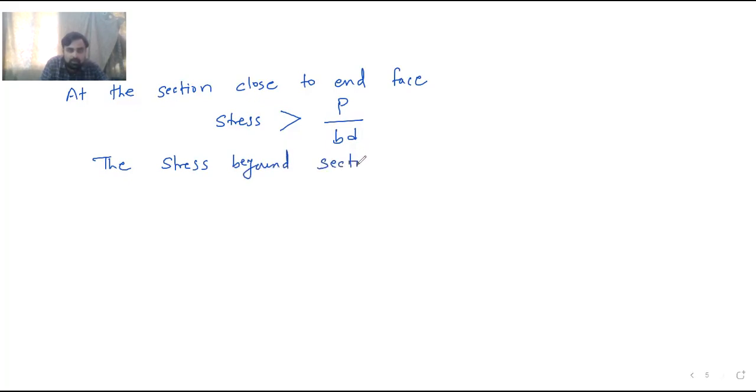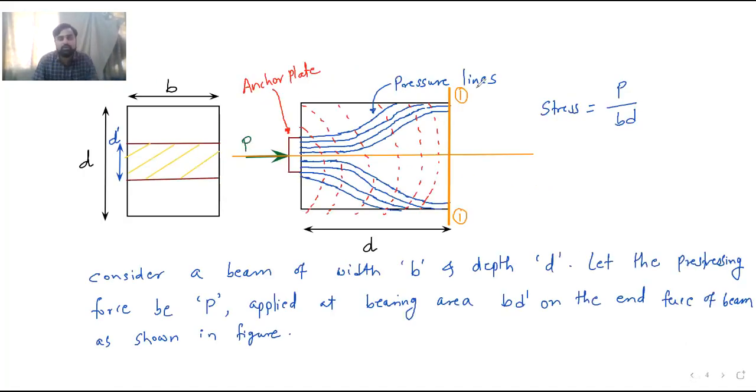The stress beyond section 1-1 is P by B D. Then this formula holds good. After passing that section 1-1, whatever we have shown over here, in the end block portion the stress is far greater than P upon A. So normally you calculate the stress P by A, but it is greater. Once that stress passes section 1-1, then it is our usual stress, P by B D. By using that, we can easily calculate it.